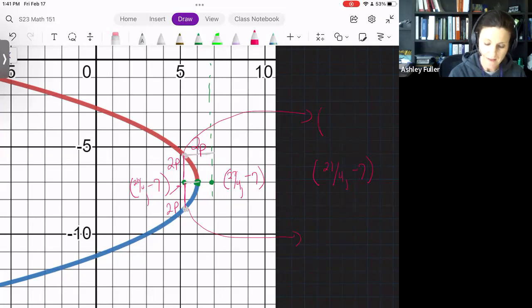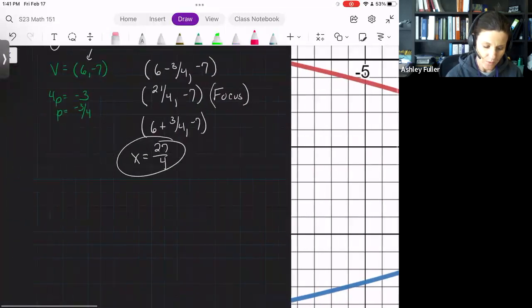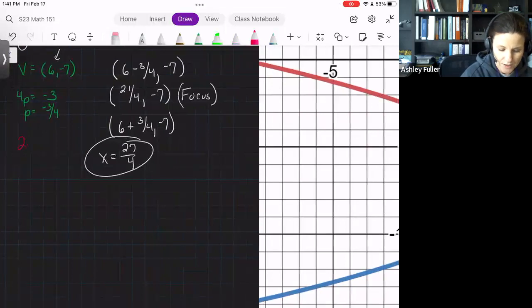Notice here that x value is not going to change. We're going to have 21/4 and 21/4, but our y value will change in the sense that we are going to both add and subtract 2p. P, if you'll remember, was 3/4. So 2p we can calculate as 3/2.